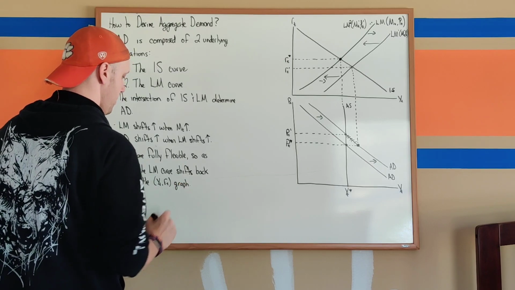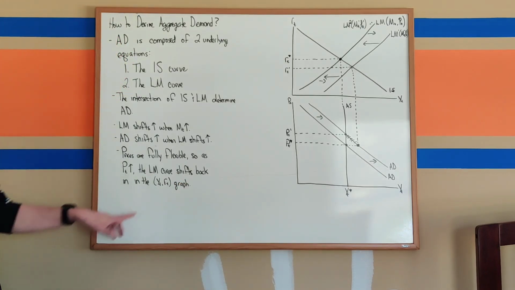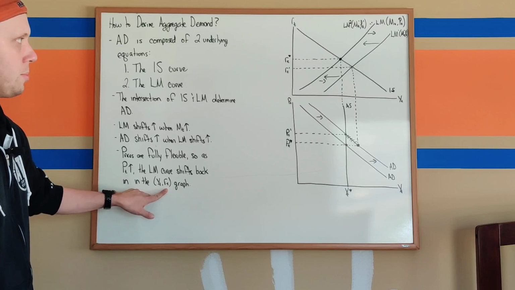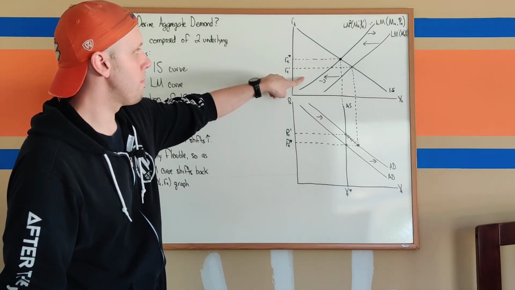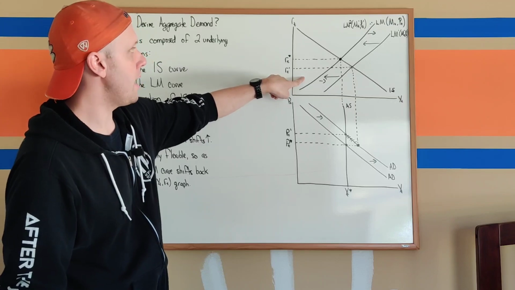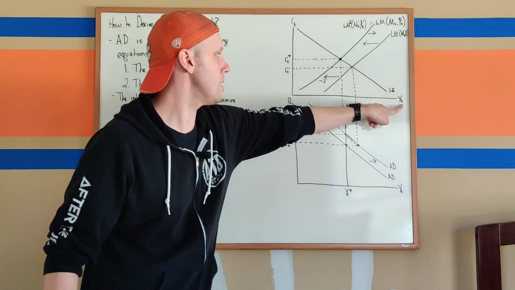So prices are fully flexible. The LM curve is going to shift back in this output interest rate space graph, which is this ISLM setup we've got right here. Now it's shifting back in because that is not price and that is not price.